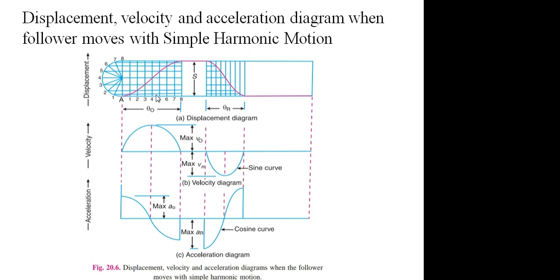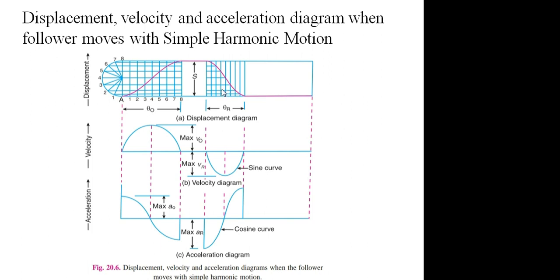Likewise, all the vertical lines will intersect the horizontal lines and you will get different points, for the outstroke. Similarly, in the return stroke also, the same horizontal lines will intersect these vertical lines. You will get a number of points here. Draw a smooth curve passing through all these points. You will get a curve for the displacement diagram.